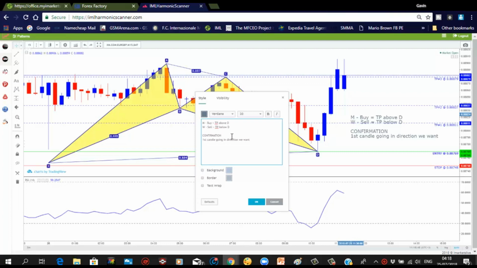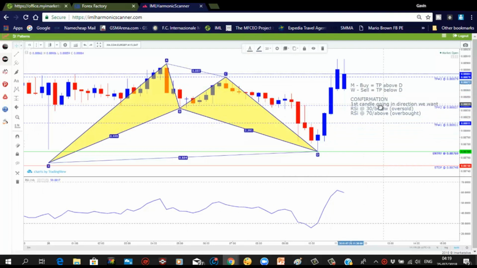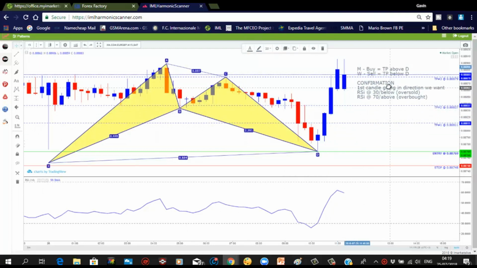And then RSI at 30 or below, which is what we call oversold, right? Or an RSI at 70 and above, that's what we call overbought, right? So these are the simple confirmations. And then you can go ahead and enter the trade. Let me just click on OK here. You guys make some note of that. All right.